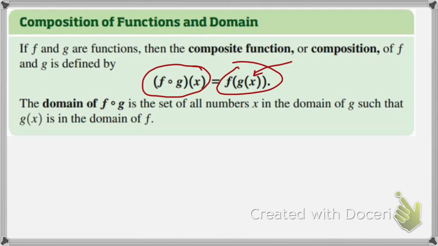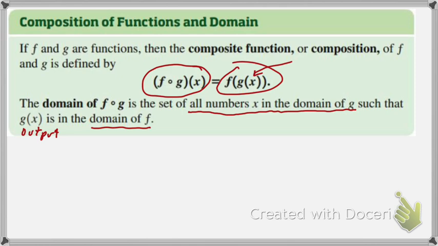Then here's where we hit a sticking point in period 1. Figuring out the domain of this composite function. And it's a set of all numbers. Now, we're going to come back to this. In the domain of g, remember g comes first, so that the output from g is in the domain of f.